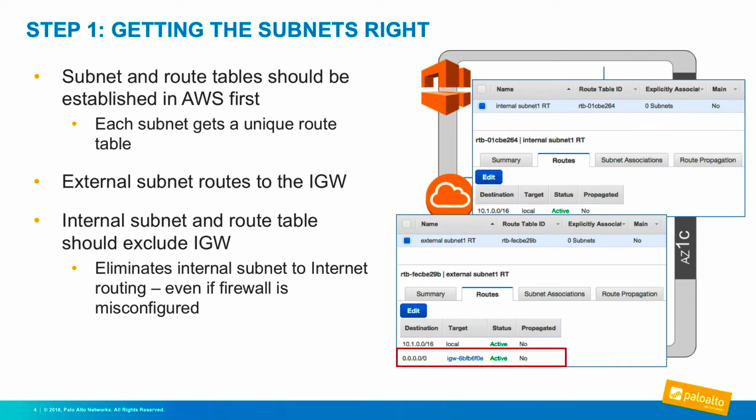The way to achieve this is to create an IGW, connect it to the VPC, and configure routing tables so that the external subnet has the IGW as a default gateway, and all internal subnets have the trust interface of our NGFW.